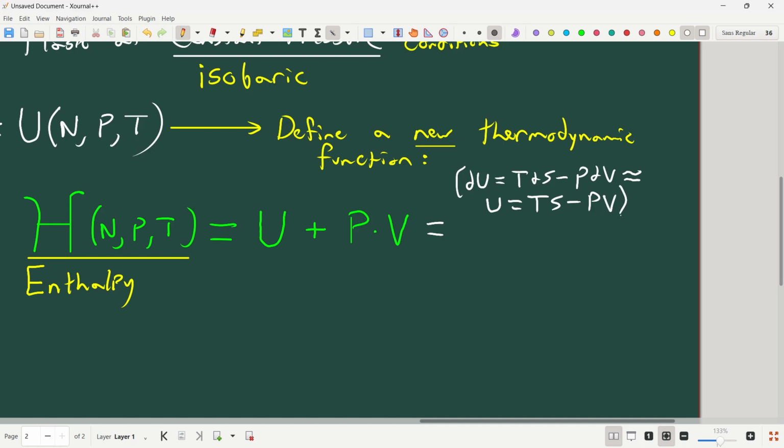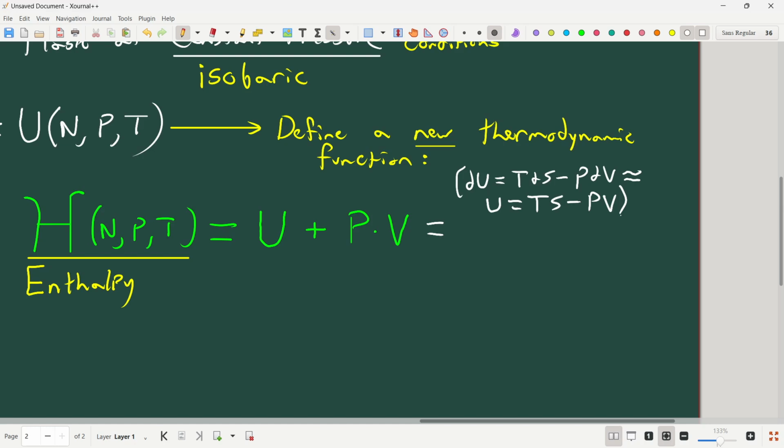I'm just getting rid of the d's here. So if we take this and add PV, we'll see that enthalpy has something to do with the heat content in the system.